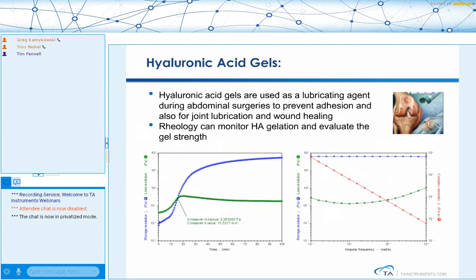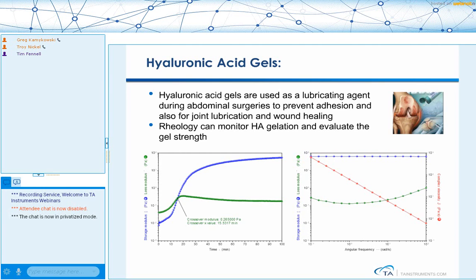Now, in this case, we're going to be looking at the gelation of this hyaluronic acid material, and as we saw before, we're going to do a dynamic time sweep, and conveniently, we have a crossover point with this system as well. And at the end of this test, we can do a frequency sweep.